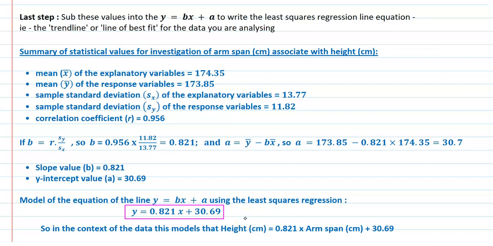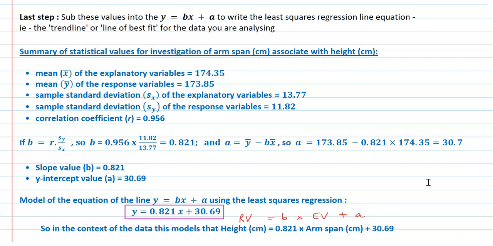Finally, we would put the equation in terms of the context of the data that we're modelling. So in this case, our response variable or y value was our height, and that is equal to our slope by our explanatory variable, which is arm span, plus our y-intercept value.